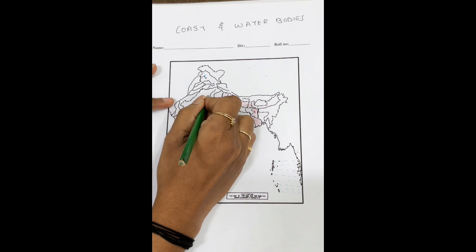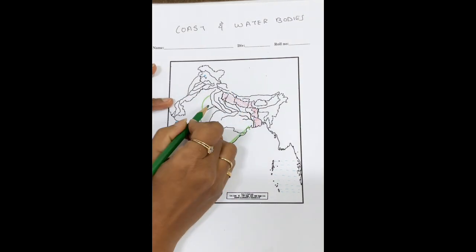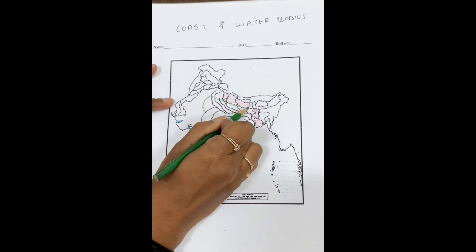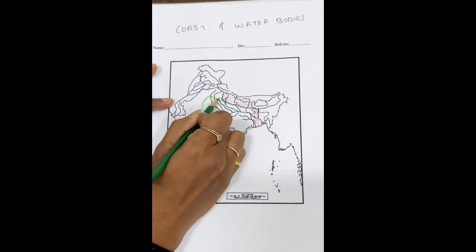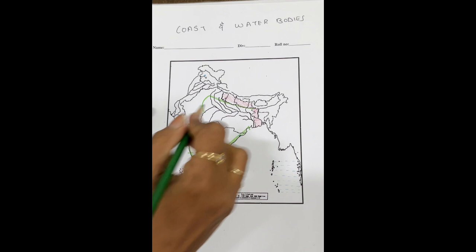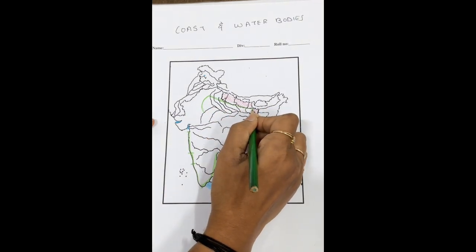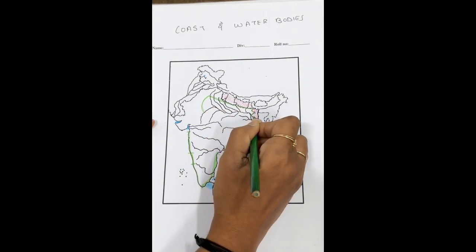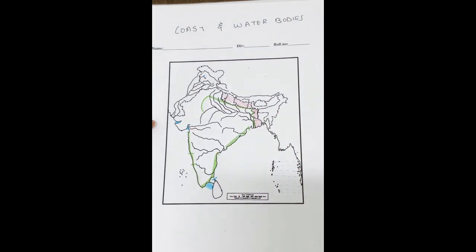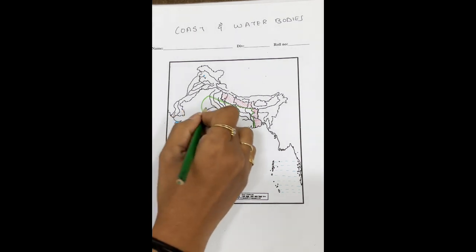So let us draw a line here. Now we draw one line between the border of India and Nepal, being careful that my marking doesn't enter Nepal. Now we draw a line between the border of India and Bangladesh, making sure your marking doesn't go in Bangladesh.